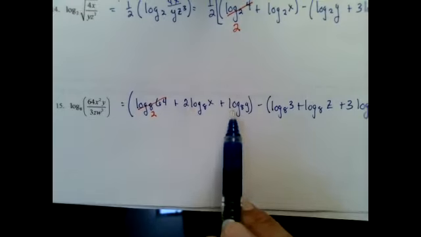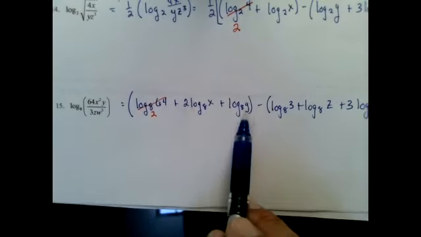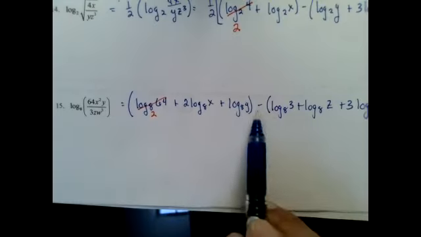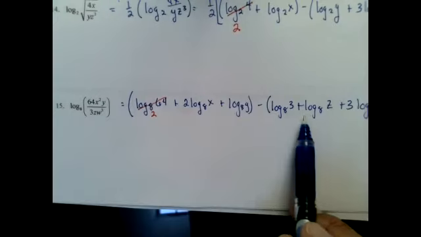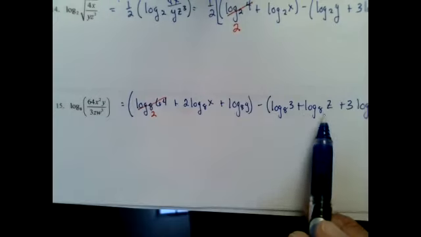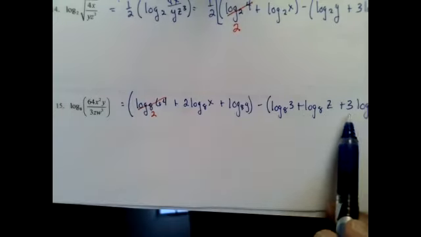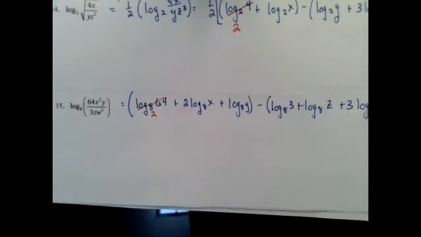Then I had log base 8 of y, minus log base 8 of 3 plus log base 8 of z. And again, I swung that exponent around front using the power rule: 3 times log base 8 of w.